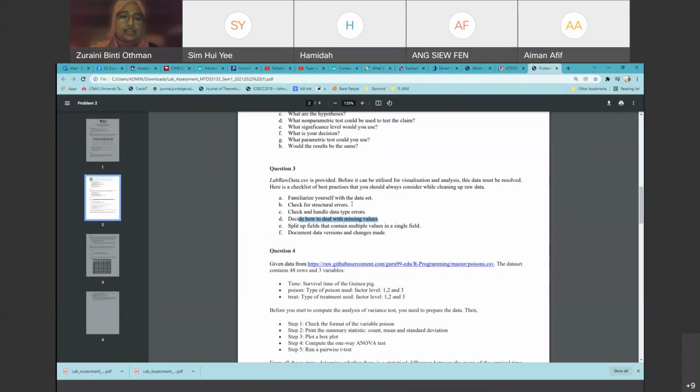Then split up fields that contain multiple values in a single field. For example, there is one column that involves the date, time, and day, for example 29 December 2020, then 9:30 p.m., and Wednesday.